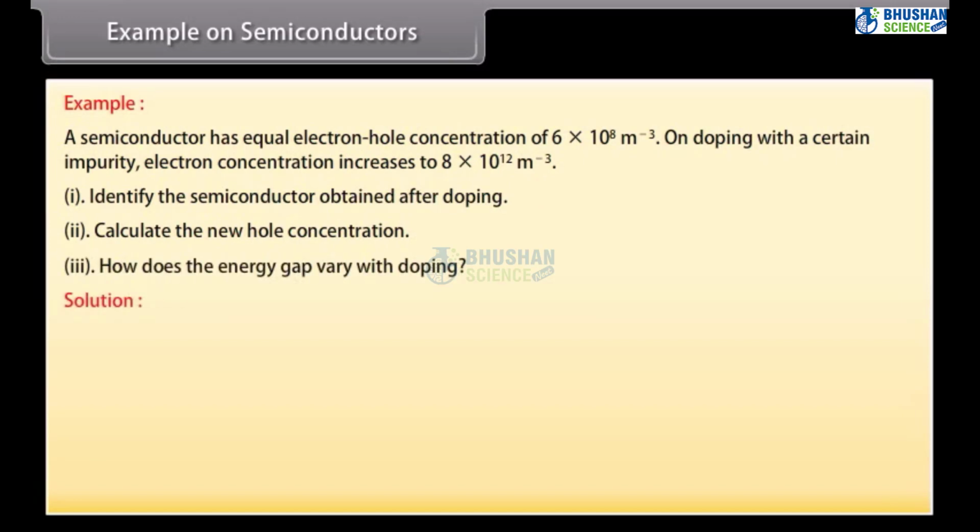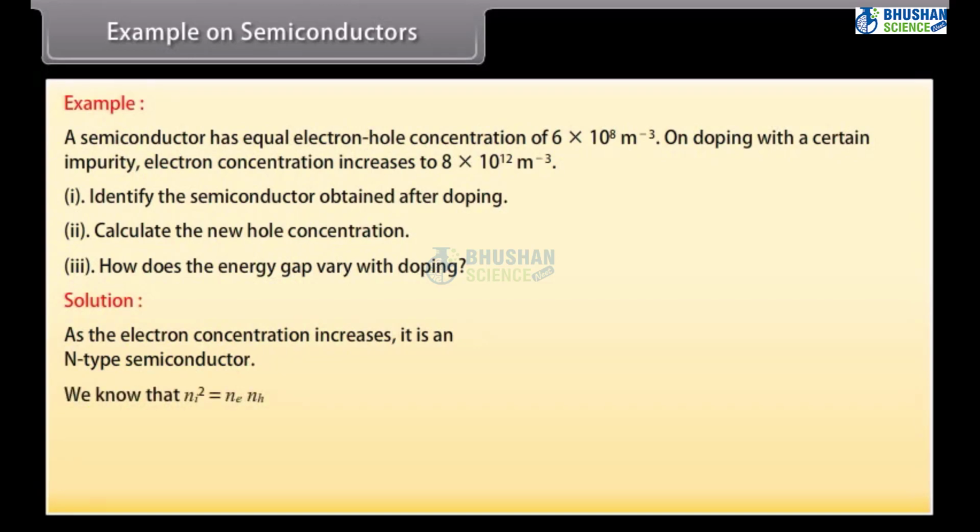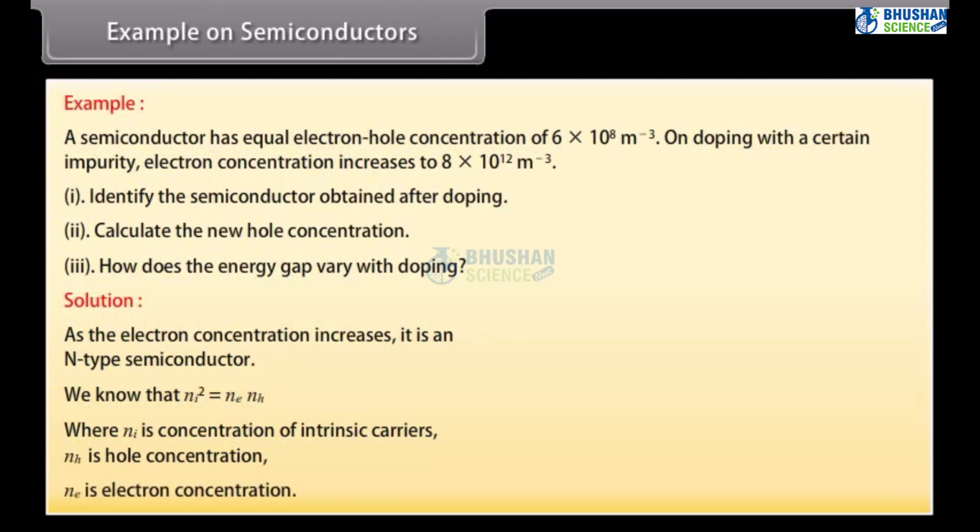Let's see the solution. As the electron concentration increases, it is an N-type semiconductor. We know that Ni² = Ne × Nh, where Ni is concentration of intrinsic carriers, Nh is hole concentration, and Ne is electron concentration.